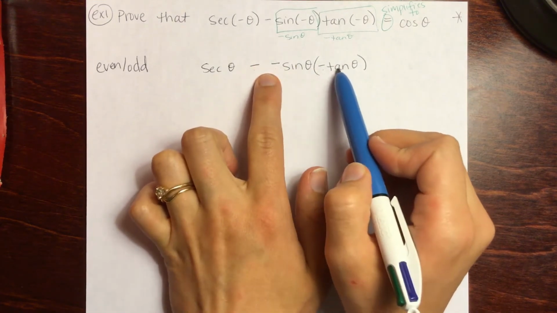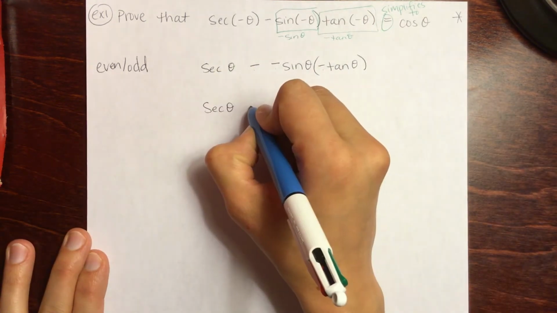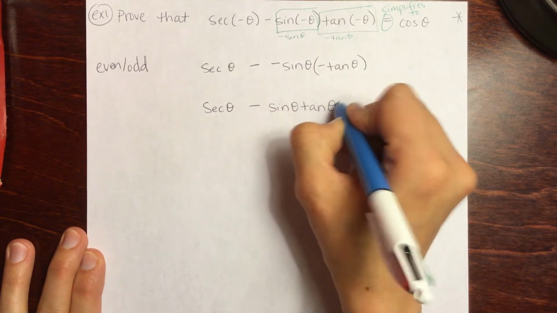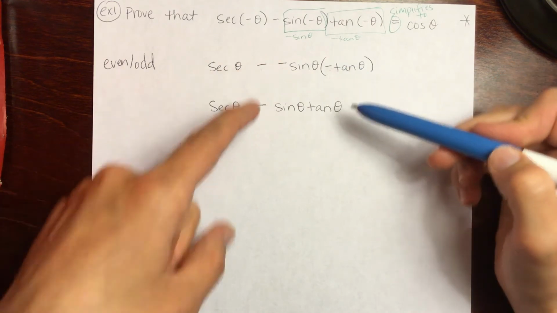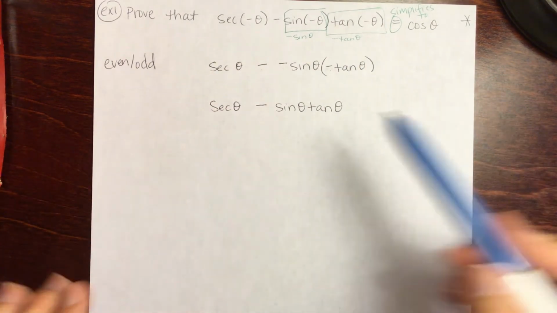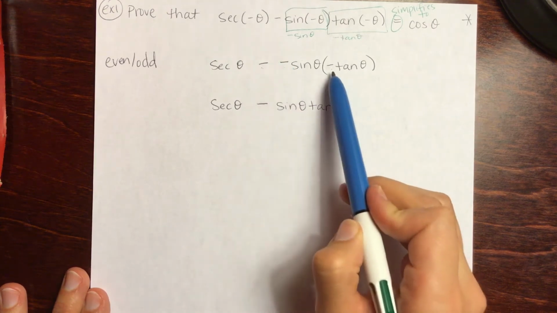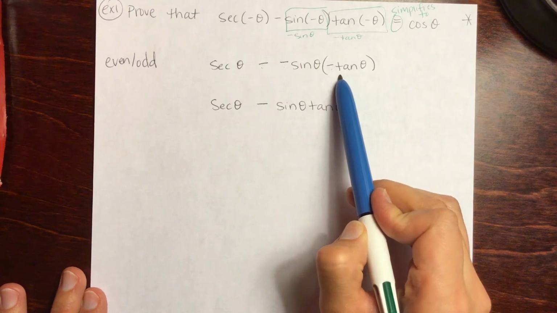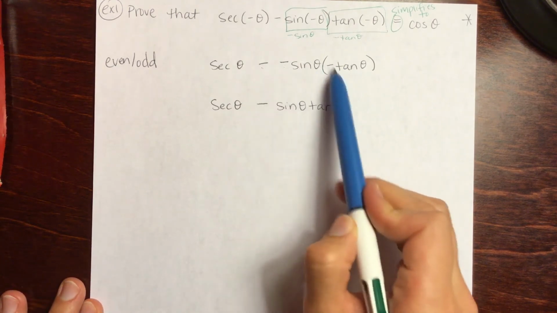That could be positive, but I still have an overall times negative here to make it negative. Either way, I'm going to end up with this. That's because I can either multiply these 2 negatives together to make them a positive, and I still have my minus sign, or minus a negative means this is adding, but I'm adding sine times negative tangent, which will make this overall a negative. So I'm adding a negative sine tangent.